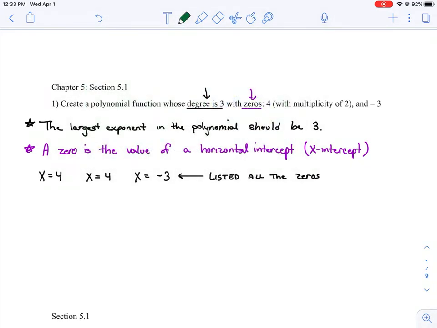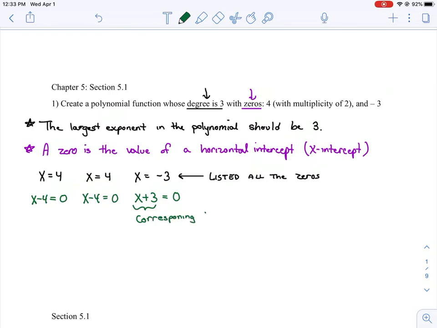Now I'm going to create their corresponding factors. So I'm going to do that by subtracting 4 from each side of the equal sign to the expression on the left, subtracting 4 from both sides of the equal sign and the expression in the middle, and by adding 3 to each side of the equal sign to the expression on the right.